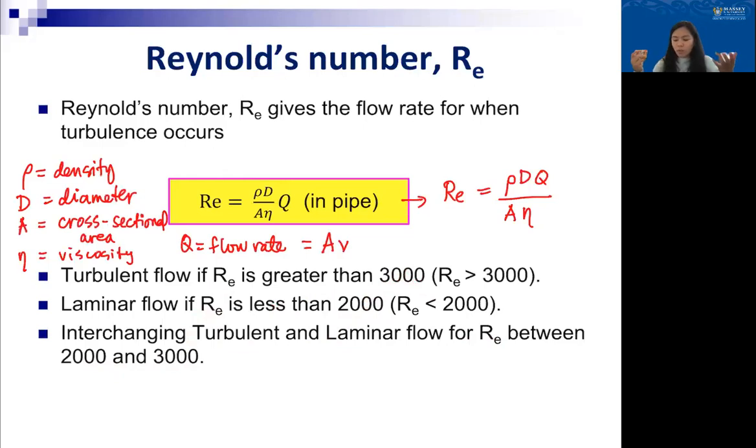So to determine whether the flow is turbulent or laminar, you'll have to calculate the Reynolds number given these parameters here.